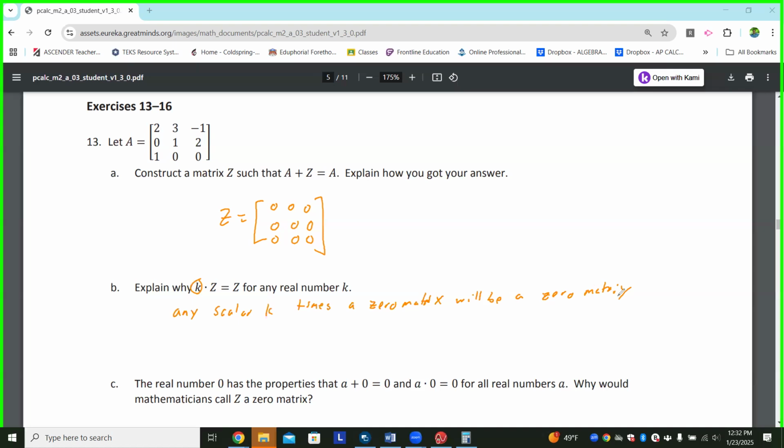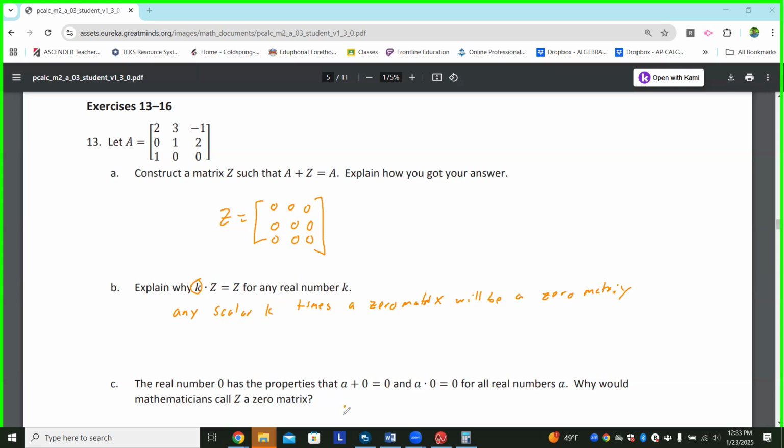Part C then says the real number 0 has the properties of a plus 0 equals a and a times 0 equals 0 for all real numbers a. Why would mathematicians call Z a 0 matrix? Why do we call it a 0 matrix and not just 0 like you said earlier? It's a matrix of 0s.